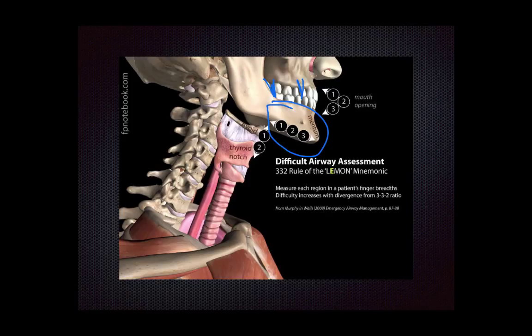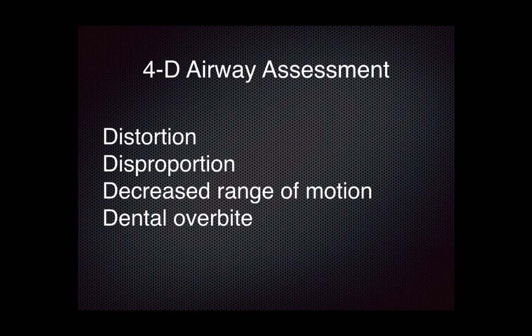And then the 2 is going to be the distance basically from the bottom of your jaw to the Adam's apple, for instance. Okay? And again, that's the patient's fingers, not necessarily your own.